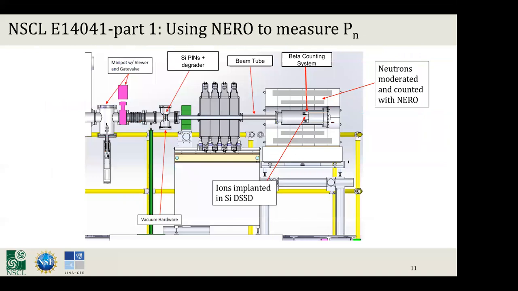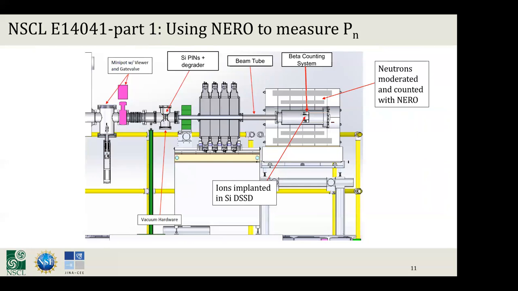So here is the schematic of the experiment. The beam is coming in this case from the left. In the first part of the experiment, SuN was not being used, so it was just housing an empty beam pipe. And the beam would be implanted in a silicon double-sided strip detector that's sitting at the target position of NERO.